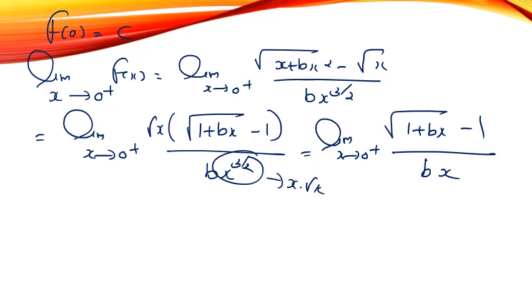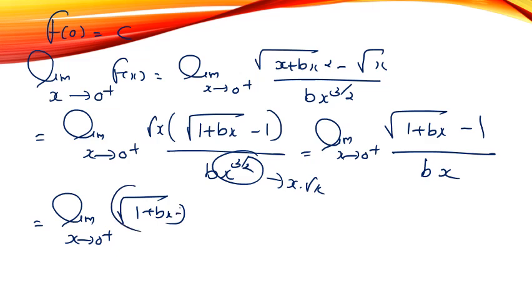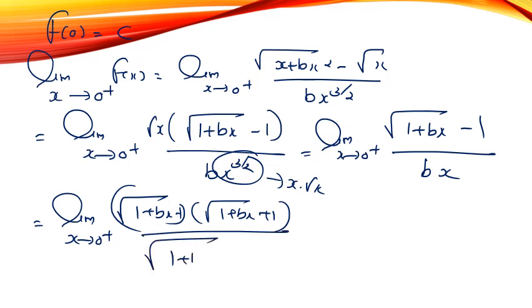Now what should we do? In the numerator and denominator of limit x tends to 0 plus root of 1 plus bx minus 1, you have to multiply the same quantity, root of 1 plus bx plus 1 by root of 1 plus bx plus 1, into bx.